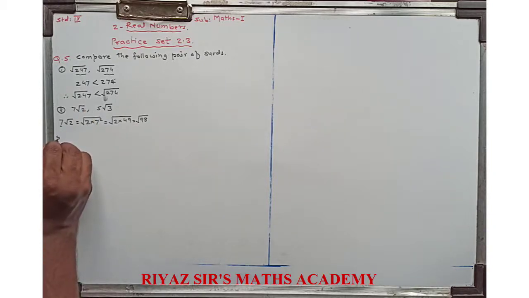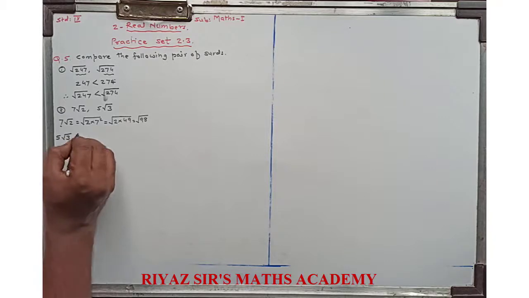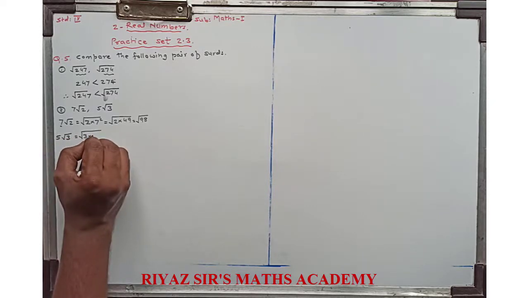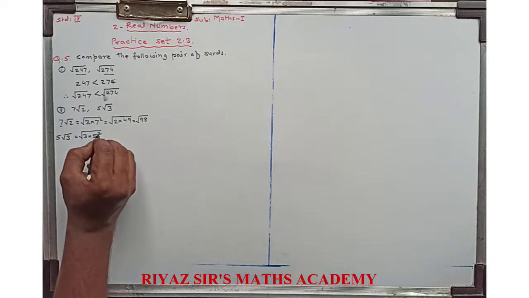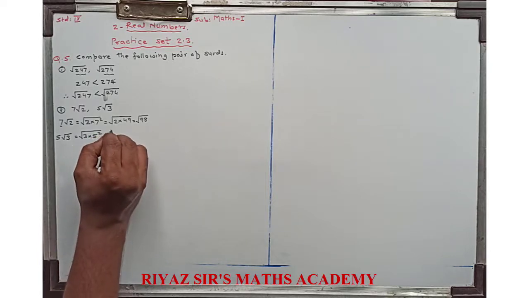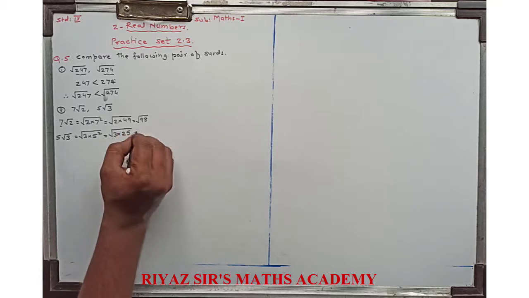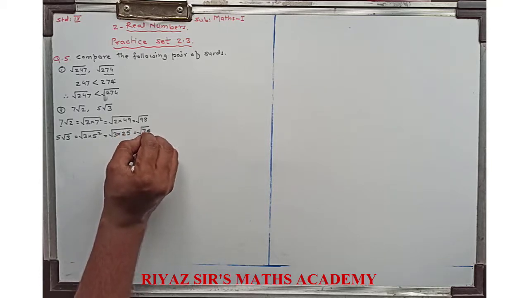Similarly do for 5 root 3. Here also the order is 2. So 3 into, just take this 5 under the root, so we can write it as 5 square. You will get 3 into 5 square is 25, and 25 threes are 75.